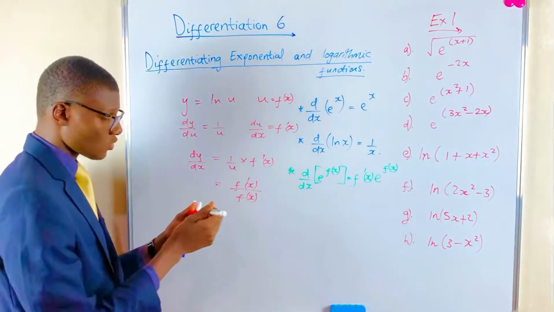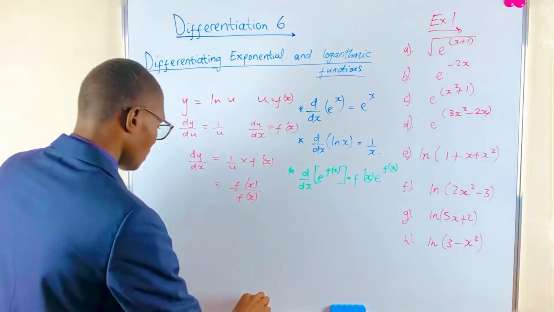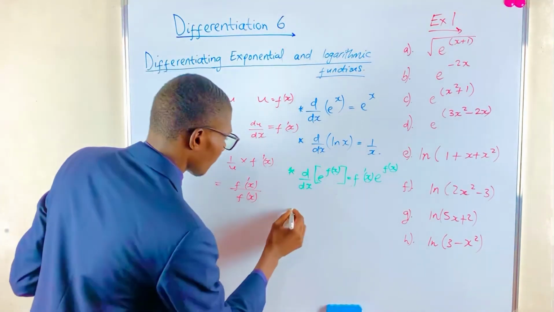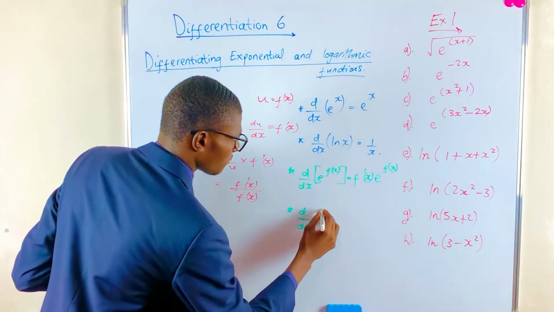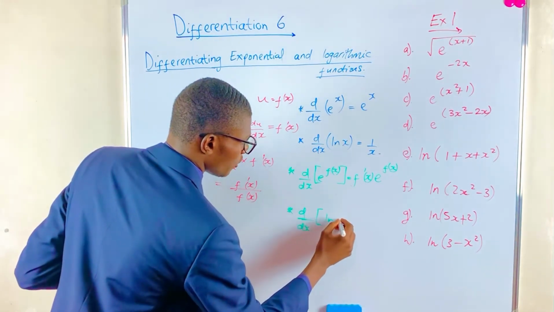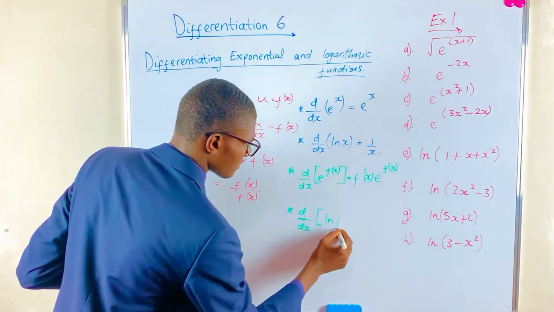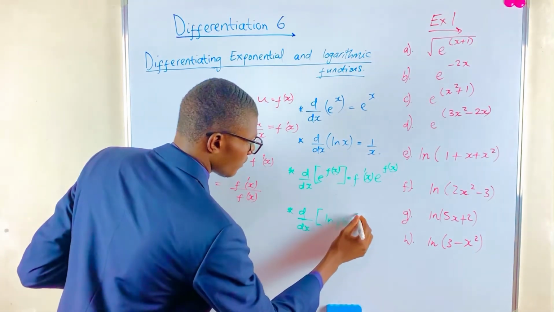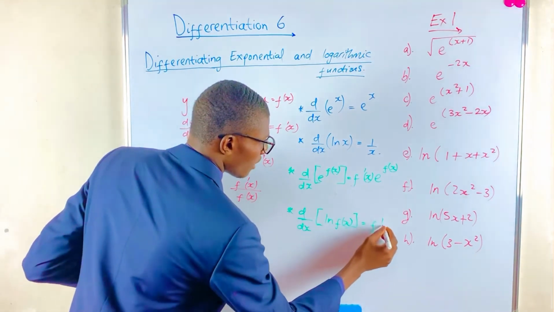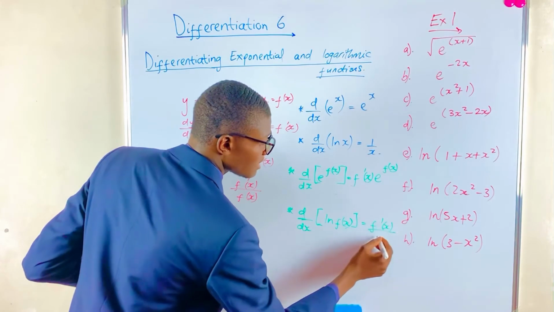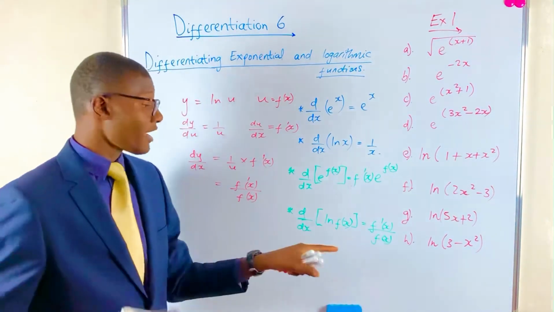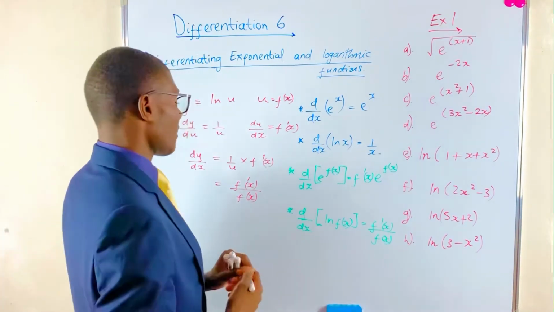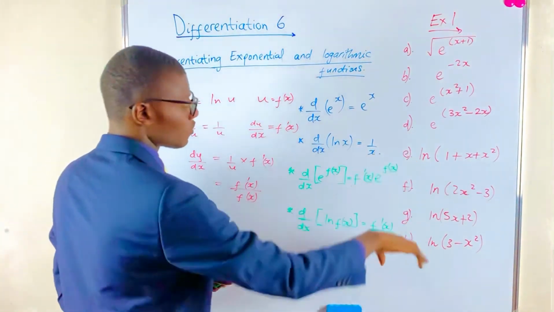So this is also a quotable result, which we are saying that d by dx of ln f of x is equal to f prime x over f of x. So in other words, we are saying the derivative of f of x over the f of x. So now let's attempt those 4 questions real quick.